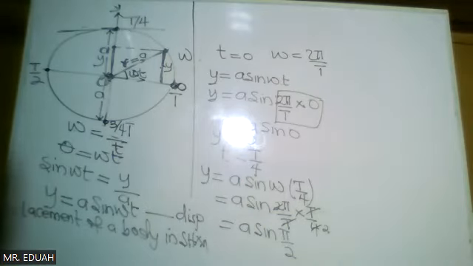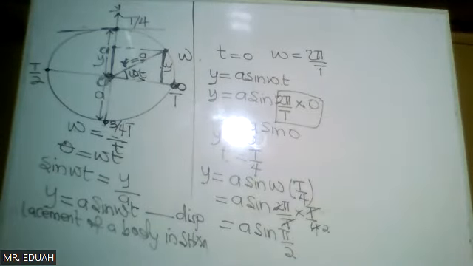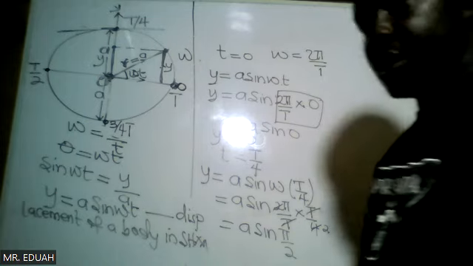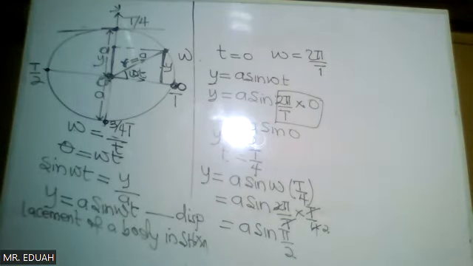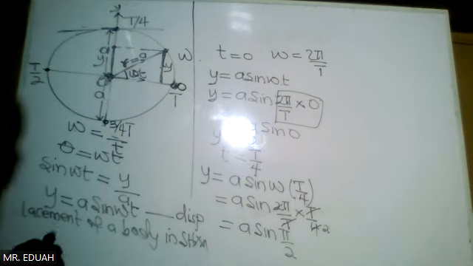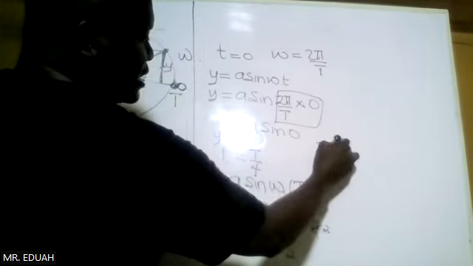What is pi over 2 in degrees? 90 degrees. That's 90, because 2 pi is equal to 360.